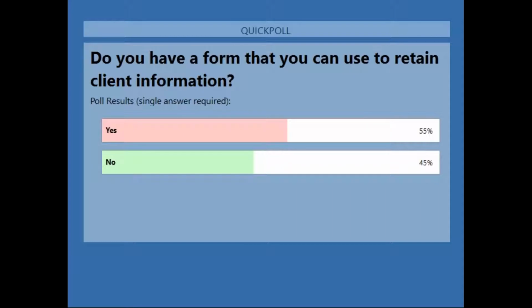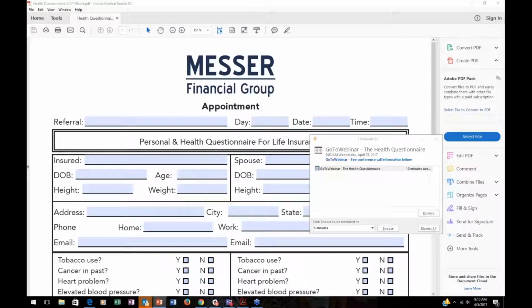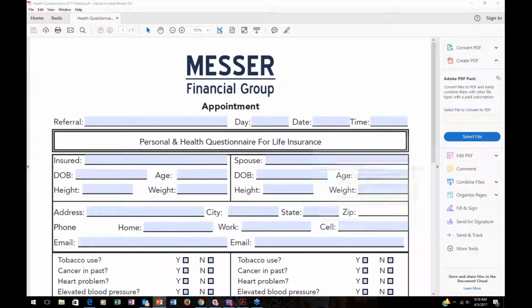So if you notice on the right-hand side of your screen, there's that little Adobe icon, and it says Messer Health Questionnaire Fillable. So what we're going to do is put that health questionnaire up on the screen right now, and you'll see that it is a form that you can use.